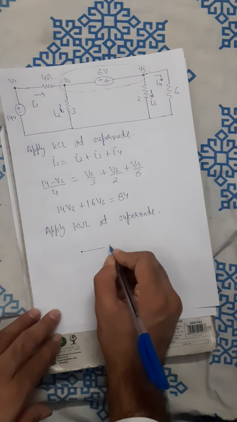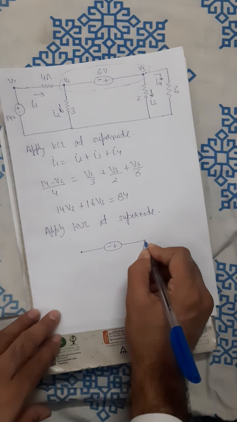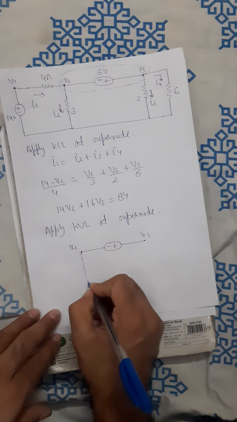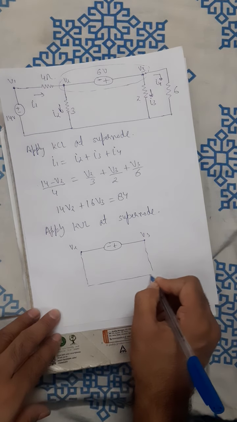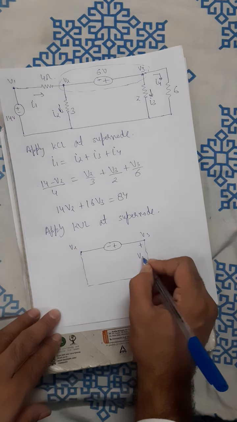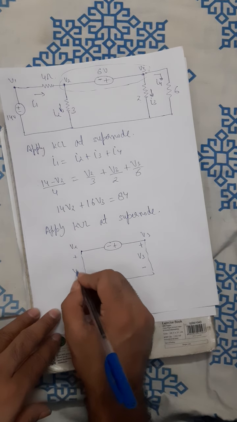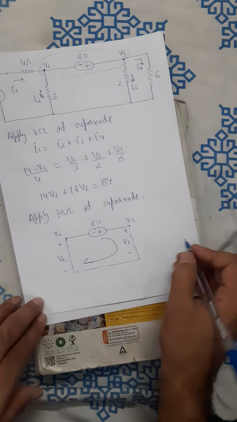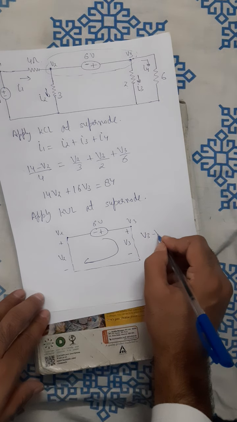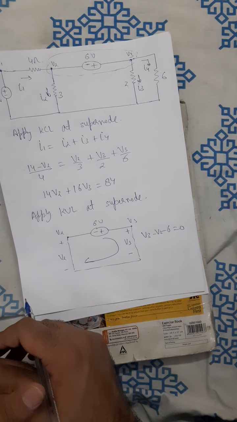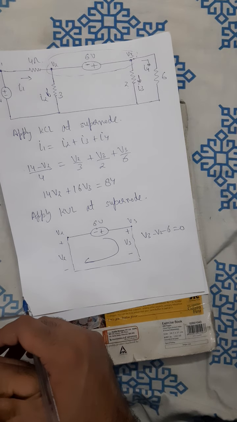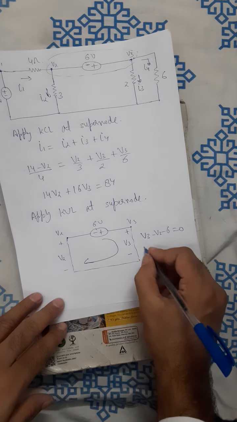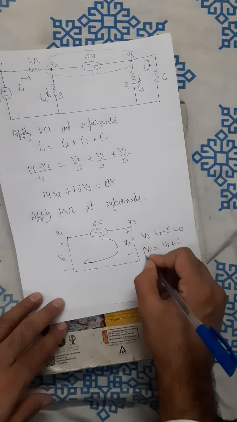This is my super node, minus plus, this is my V2, this is my V3, and the element in parallel with this is the 6 volt source. If I apply KVL at this super node, what will I get? I will get V3 minus V2 minus 6 is equal to 0, or V3 is equal to V2 plus 6.